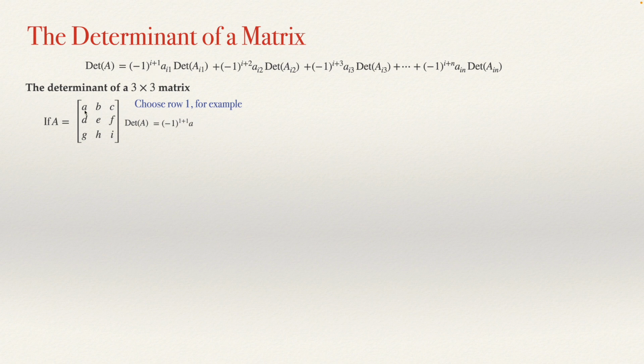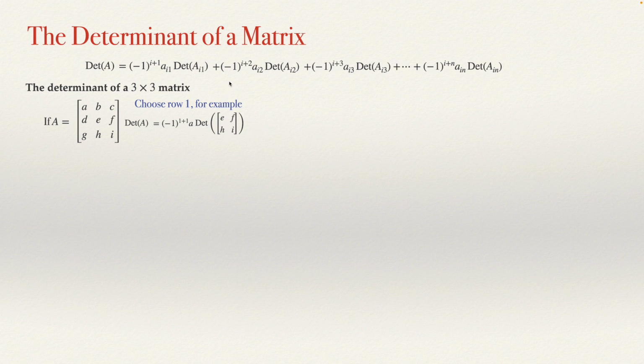A, that is the element in the first row, first column, multiplied by the determinant of the matrix that results from eliminating the first row and the first column. So it will be E, F, H, I. And we know, because we solved it in the previous example, how to compute this determinant of a 2 by 2 matrix.